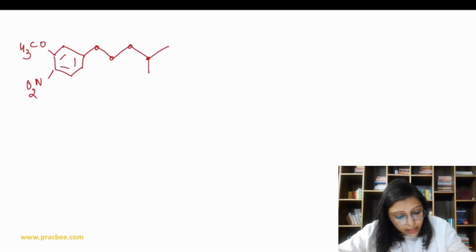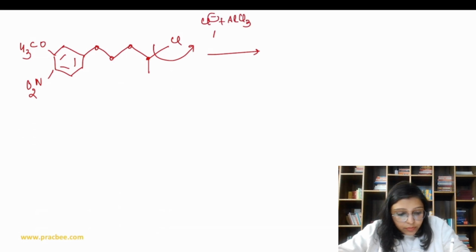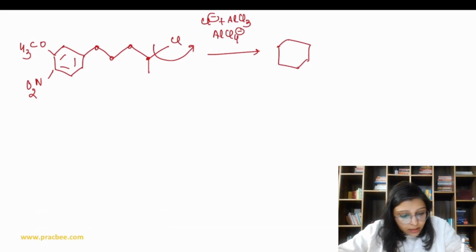Then this, and here we have Cl. So Cl is removed. If Cl is removed, we get Cl minus plus AlCl3, it forms AlCl4 minus. Okay. So we get OCH3, NO2, 1, 2, 3, 4.